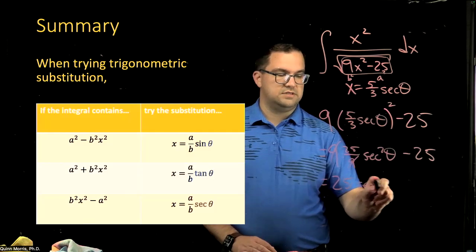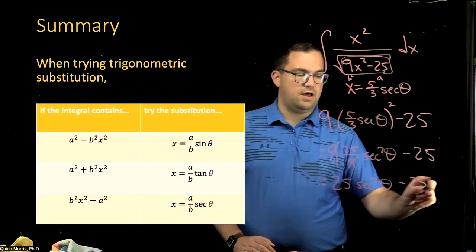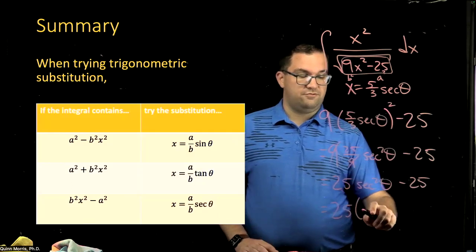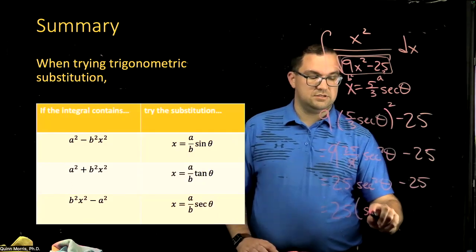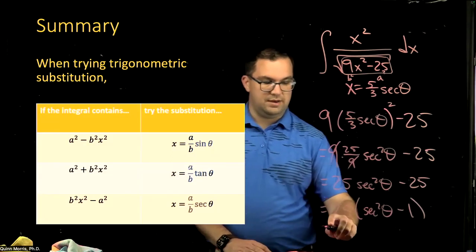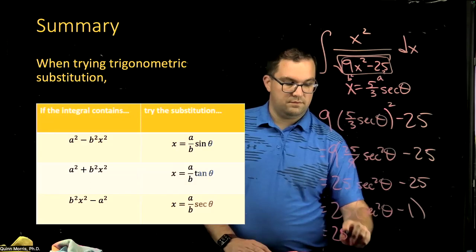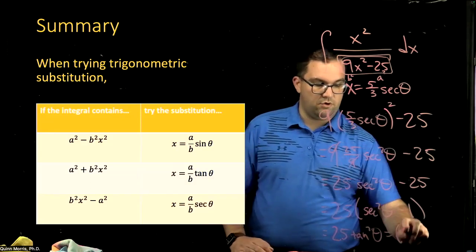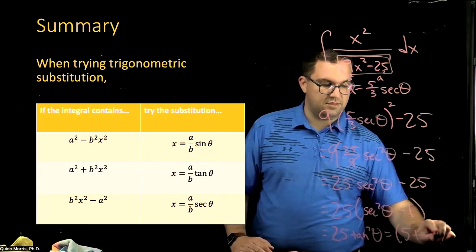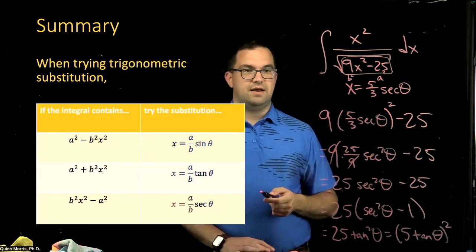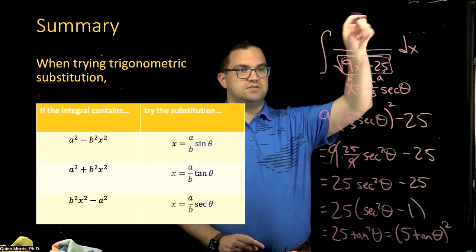I'll get 25 secant squared theta minus 25. I could factor out that 25, and I'd be left with secant squared theta minus 1, which is tangent squared theta. So I'd get 25 tangent squared theta, or 5 tangent theta squared, which under that square root is going to simplify nicely.